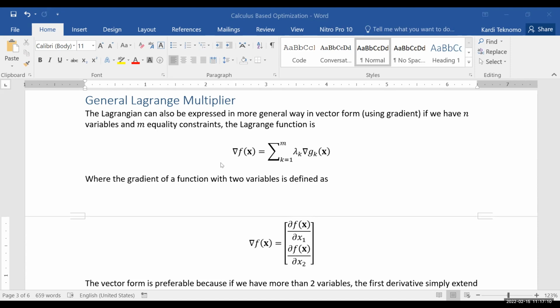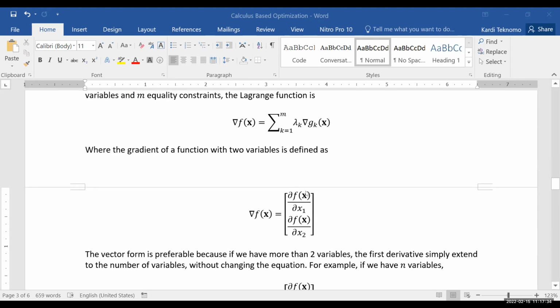This is a little bit more advanced, but at least you will know how to deal with a more complex form of Lagrange multiplier. So this notation is called the first derivative. This is called the gradient. Can you see it?